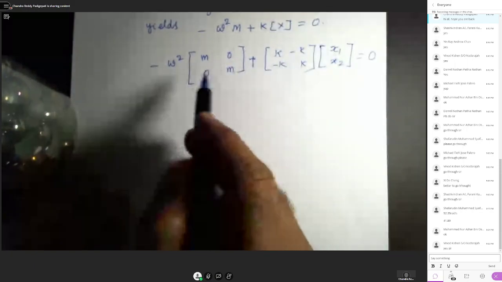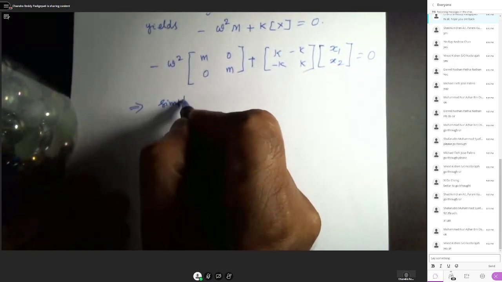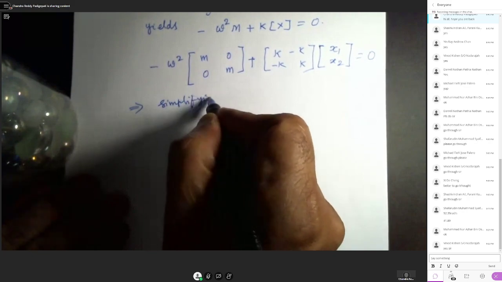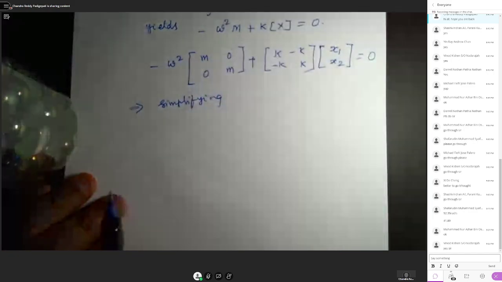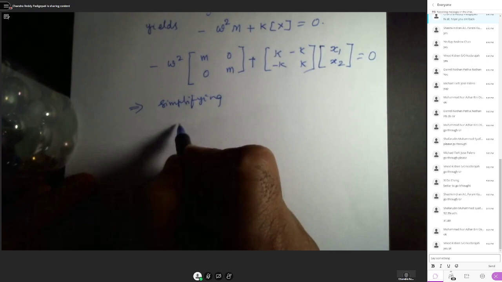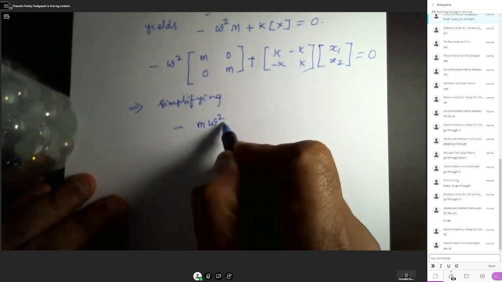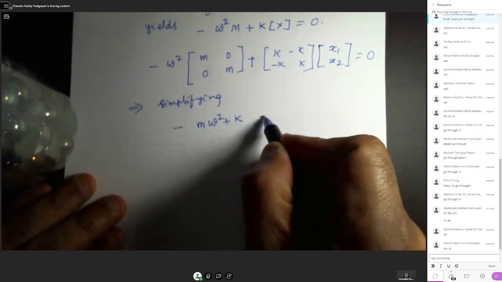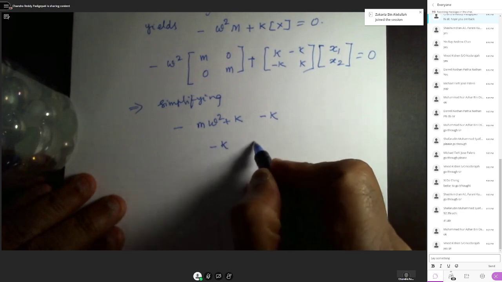If you simplify this, you substitute x1, x2 as A, B. You get negative m omega square plus k, minus k, minus k.